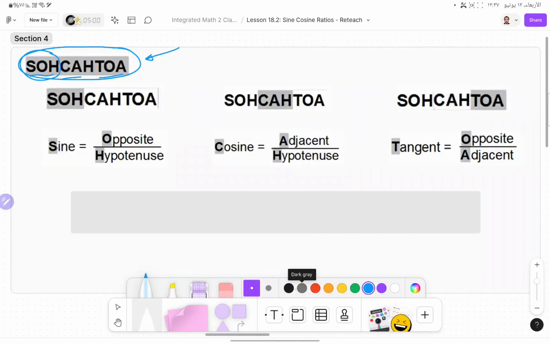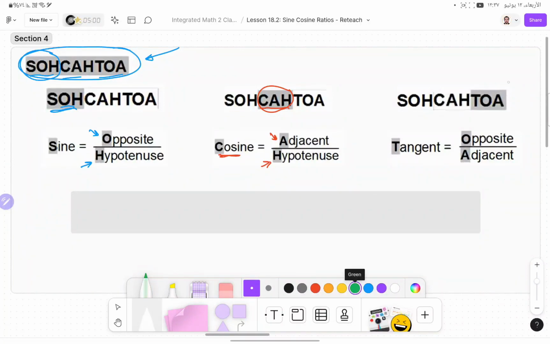The first three letters, S-O-H, represent the sine ratio: sine is opposite over hypotenuse. Then we have CAH, represented by the cosine: adjacent over hypotenuse.